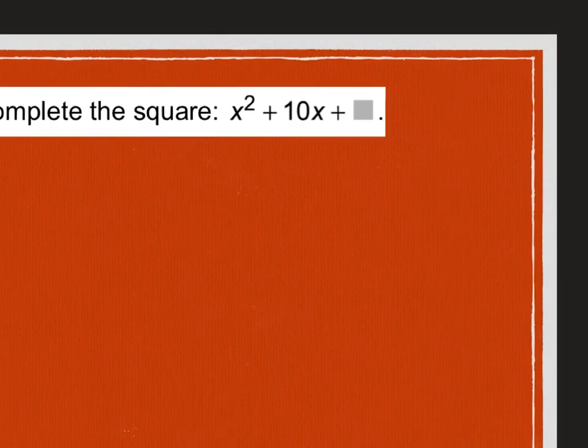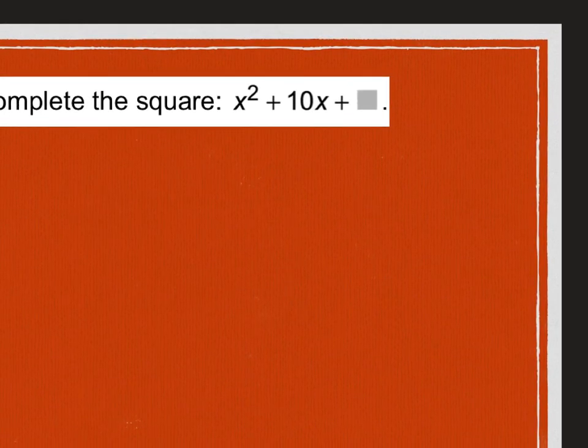Alright. Again, we're completing the square. So our little formula is b over 2 squared. What's our b? So 10 over 2 squared. How can we simplify 10 over 2? 5.